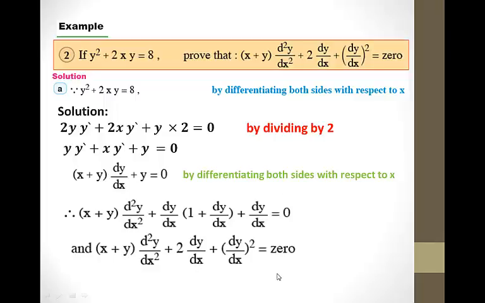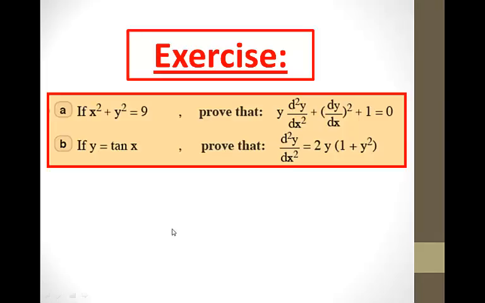It equals 0. And comparing the result with the required, we notice it is the same. So it is the end of the solution for this example.